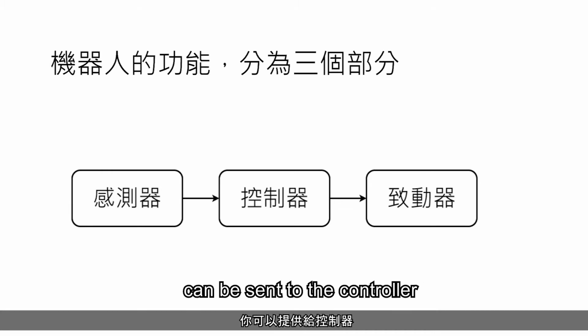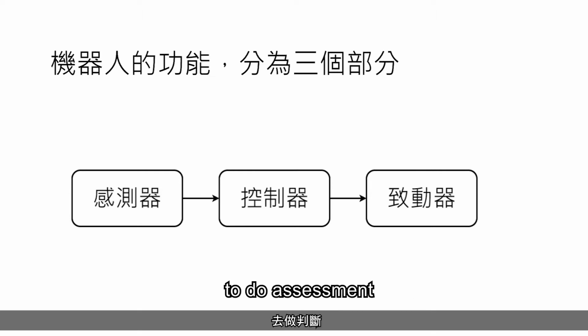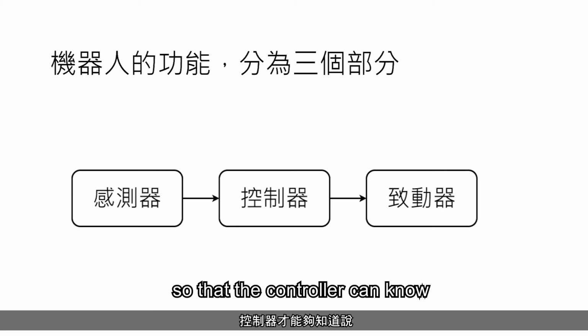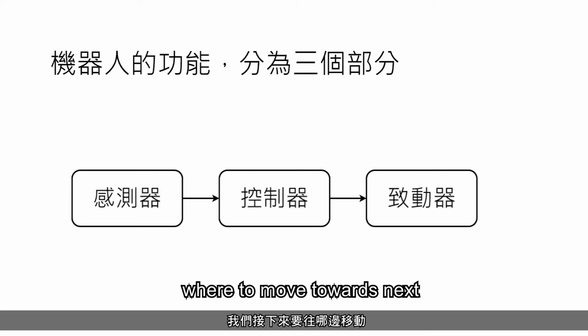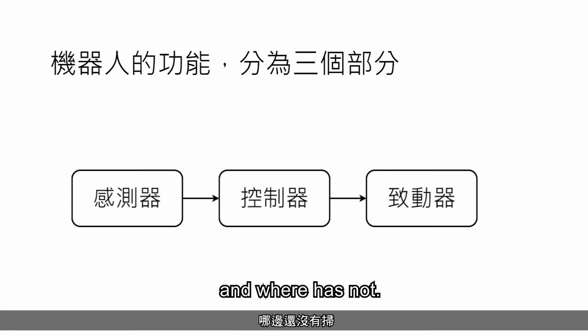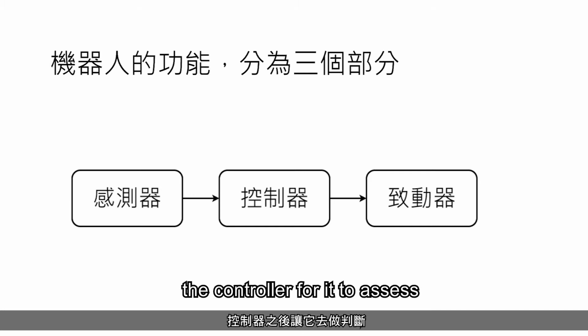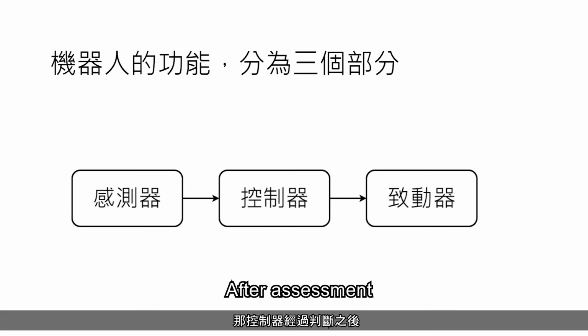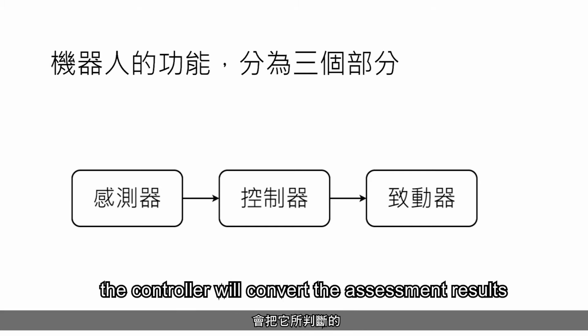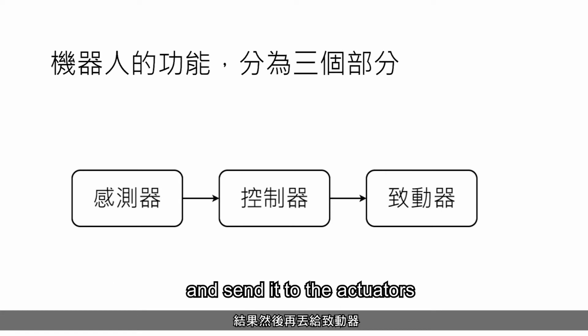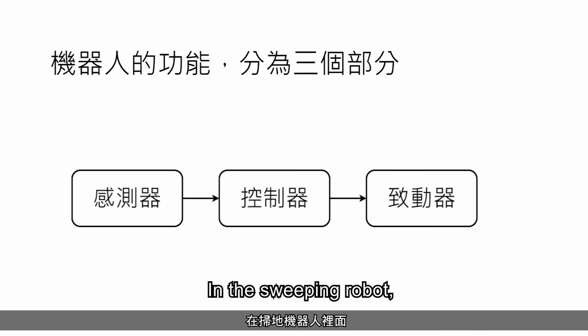This information can be sent to the controller to do assessment so that the controller can know where to move towards next, where has already been swept, and where has not. This information is given to the controller for it to access. After assessment, the controller will convert the assessment results and send it to the actuators, and the actuators will move these parts and modules in the sweeping robot.